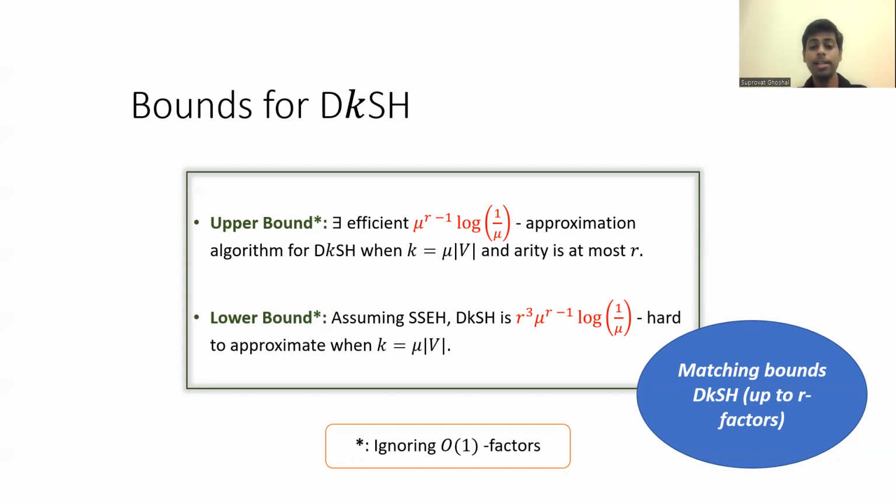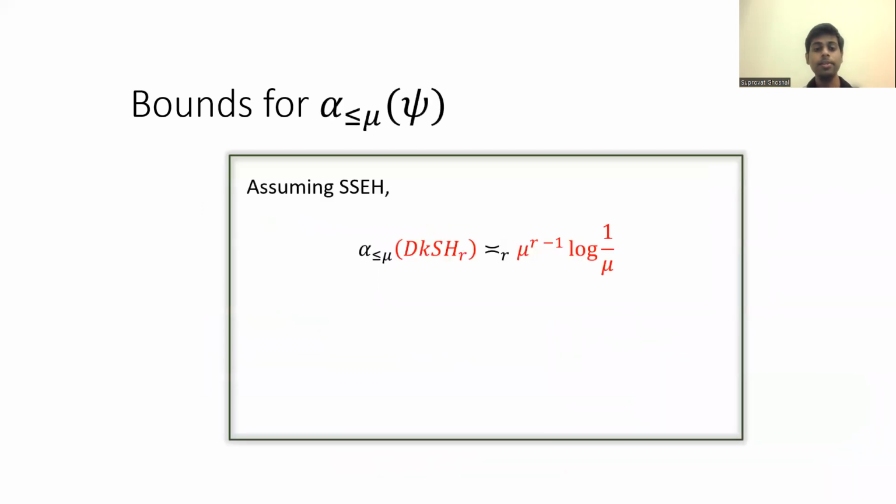Now, let's see how these bounds are actually useful in the end. If we combine the upper and lower bounds from the previous slide, together they imply that the bias approximation curve of the Densest-k-SubHypergraph problem of arity r is, up to multiplicative factors of r, the same as mu to the r-1 log 1 over mu.